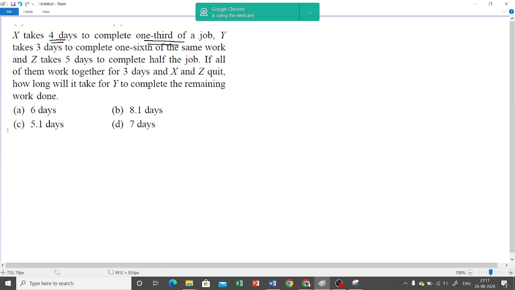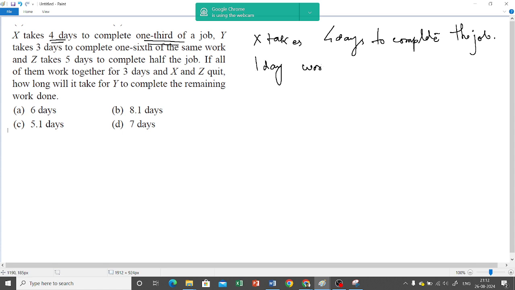So normally what do we do? If it was given that X takes 4 days to complete the job, then what was 1 day work of X? 1 day work would be 1/4.